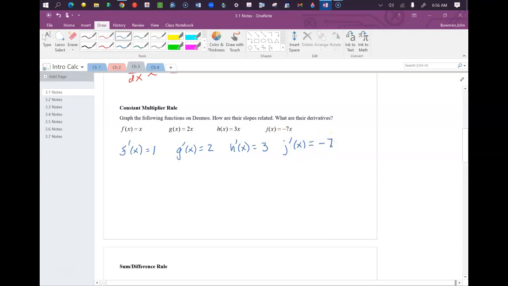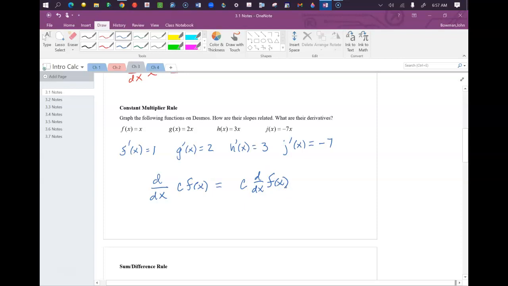And the rule that establishes for us is the following, that the derivative of a constant times f of x, which is actually what g of x, h of x, and j of x can be thought of, is the same as the constant times the derivative of f of x.